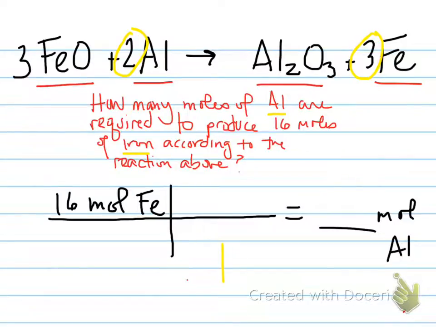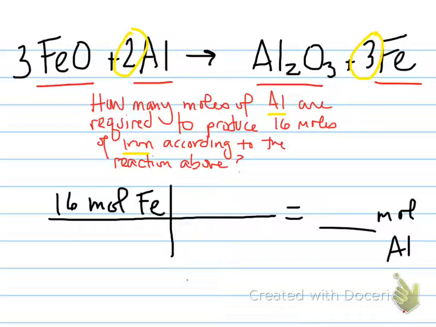This is reaction stoichiometry because we're looking at how much of X do we need to produce Y, or how much of Y can we produce with this much of X, or how much of X will react with this much of Y. You get the picture. We're using a mole ratio, and we get that directly from the balanced equation. So the question being, what goes where?